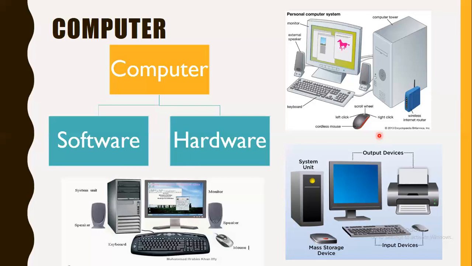The physical components of a computer that can be touched are known as the hardware. Like we can hold this mouse, we can touch this keyboard while typing, we can also touch the speakers. So all of those physical components that are attached to the computer are known as the hardware of a computer.